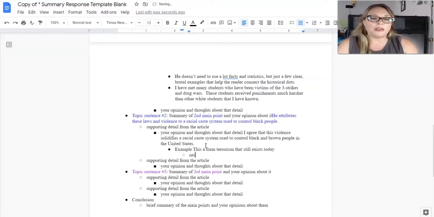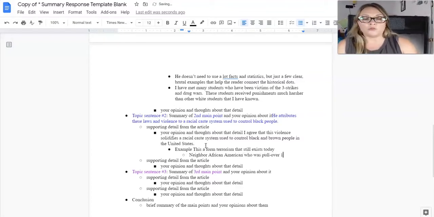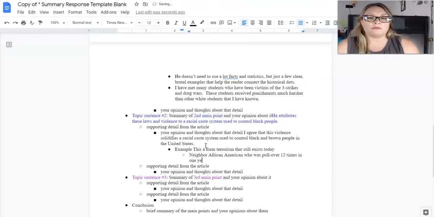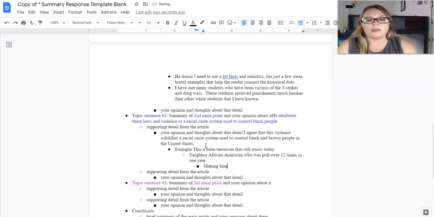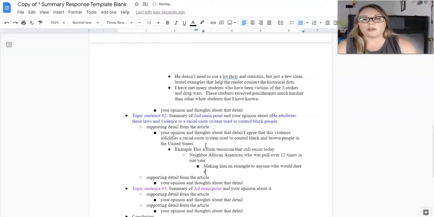I had a neighbor who was African American, who was pulled over 12 times in one year, making him an example to anyone who would dare rise above his station, or try to reach something higher.